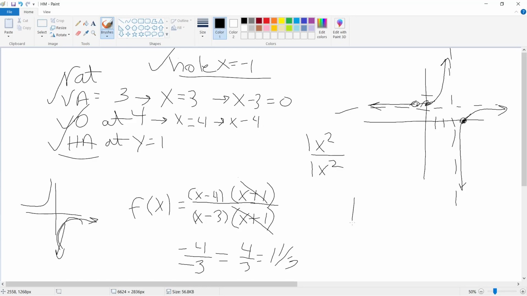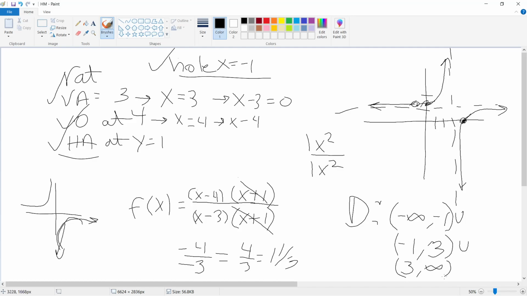I don't remember if it asks for it, but if it asks for domain, the domain is everything except for the hole and the vertical asymptote. Well, the hole is at x equals minus 1, so it's got to be negative infinity to minus 1 in union with minus 1 to 3, because 3 is also not included, union 3 to infinity.